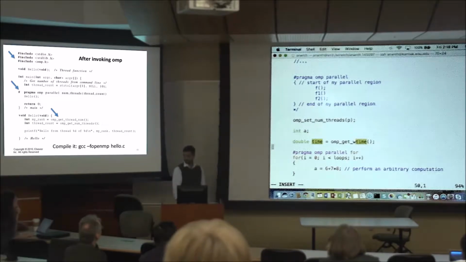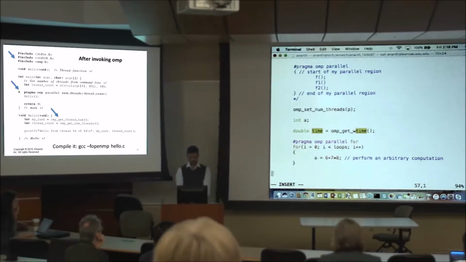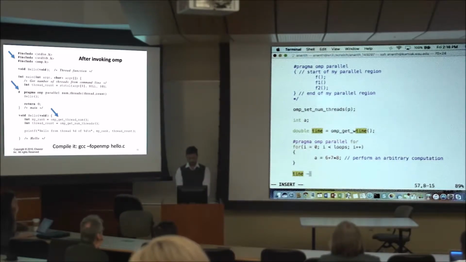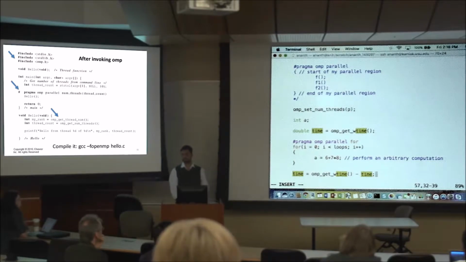And this I am doing before the parallel region. Once the parallel region completes, I'm going to call the function again. So I'll say the total time that it took, time equals omp_get_wtime, my current time, minus my old time, right?